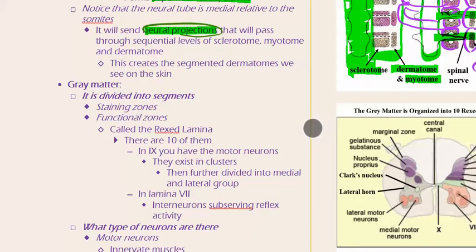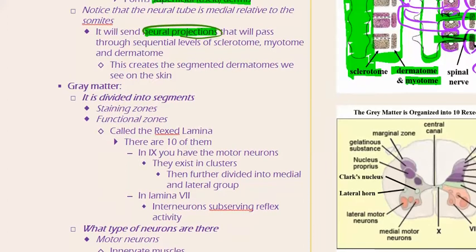Remember, I was wrong about that. We're talking about the gray matter. It's alar and basal, because the alar was sensory, and sensory was dorsal, and the other one is ventral. So it's both alar and basal. Exactly.